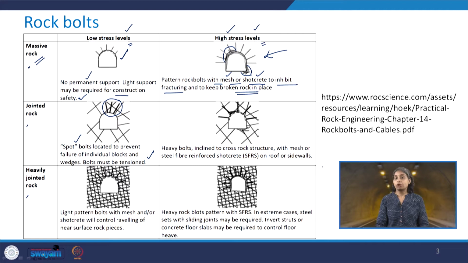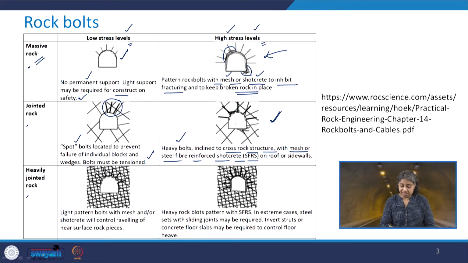If the jointed rocks are subjected to high stress levels, which is this particular case, one needs to go for heavy bolts, and these should be installed inclined to the cross rock structure, with mesh or steel fiber reinforced shotcrete, which we call in short SFRS, on the roof as well as on the side walls. So, based upon the situation, one needs to go for this.